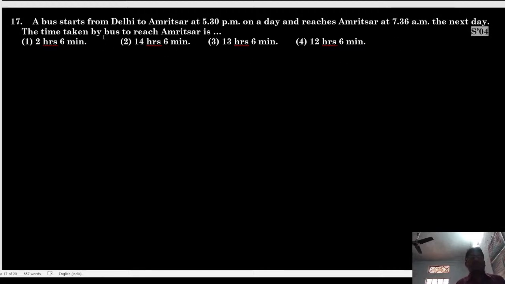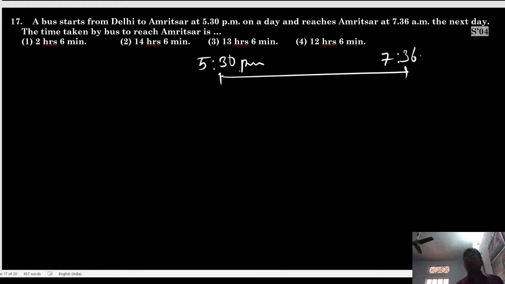The time taken by the bus to reach Amritsar is the duration of activity. Start is 5:30 p.m., end is finishing time 7:36 a.m.